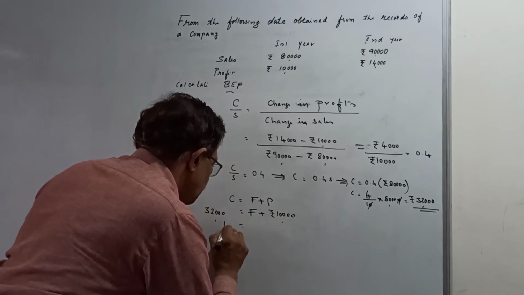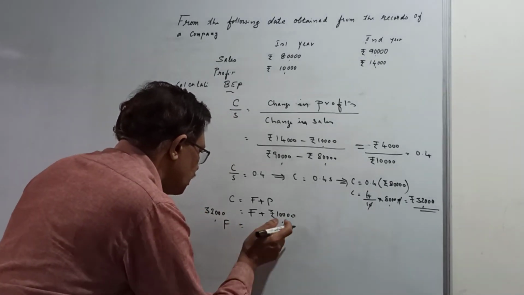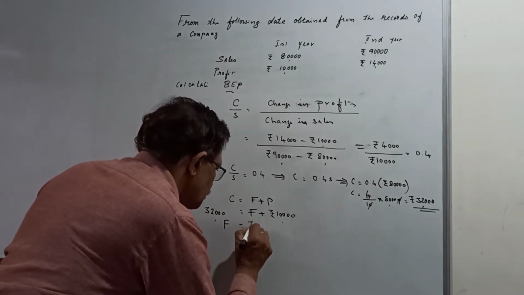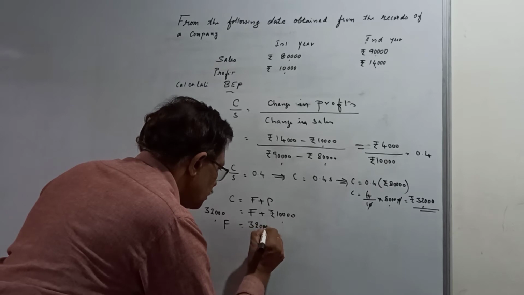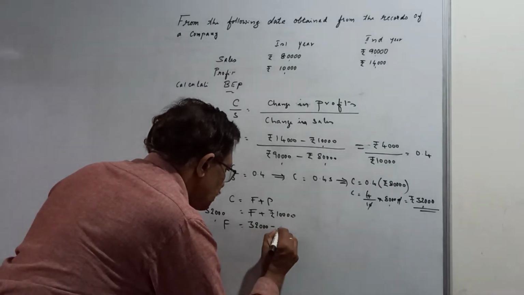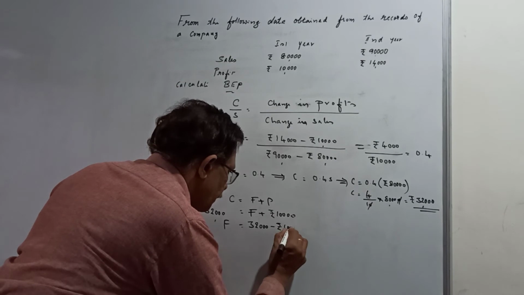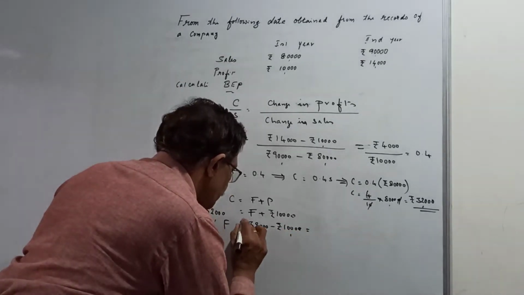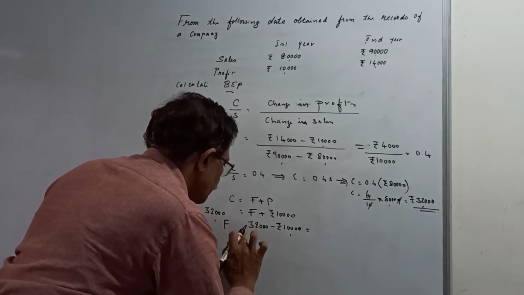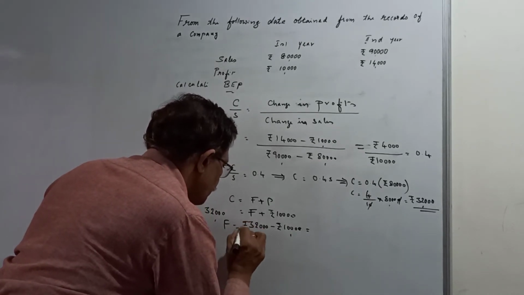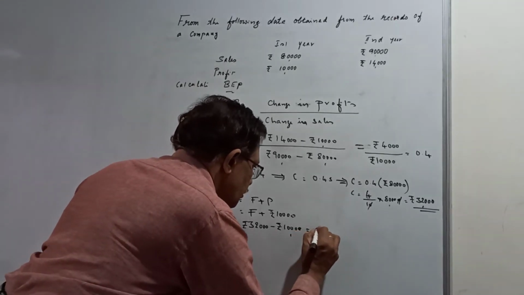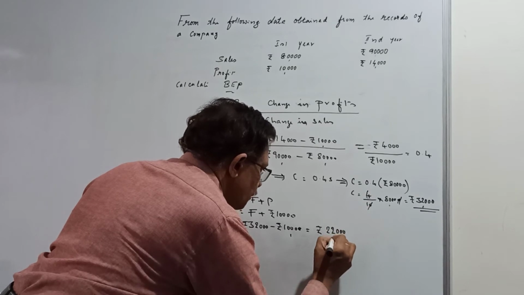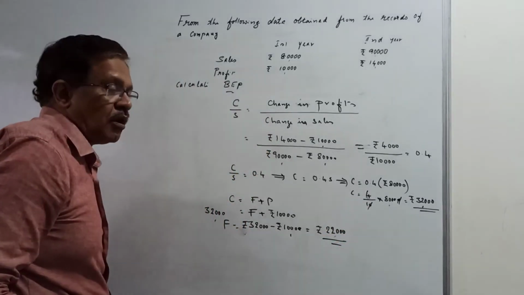So F is going to become, if we bring this 10,000 to the other side, 32,000 minus rupees 10,000. 32,000 minus 10,000 is going to be rupees 22,000. This is your fixed cost.